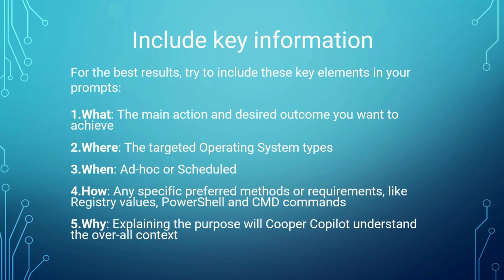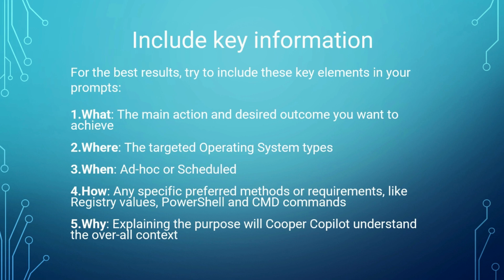When prompting, make sure to include the following key information. For the best results, try to include these key elements in your prompts. What? The main action and desired outcome you want to achieve. Where? That'll be the targeted operating system types. When? Either ad hoc or scheduled. How? Any specific preferred methods or requirements like registry values, PowerShell, or CMD commands.